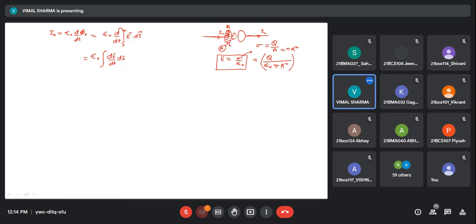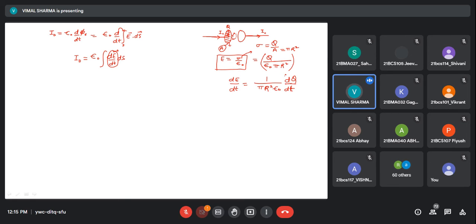So to estimate the magnitude of displacement current, you should know how the electric field is changing with time. I have the expression for the electric field between the plates of the capacitor, so I can find its rate of change. Epsilon is constant, pi is constant, R square is constant, so it is only d by dt of the charge, whether it is growing or decaying on the plates.